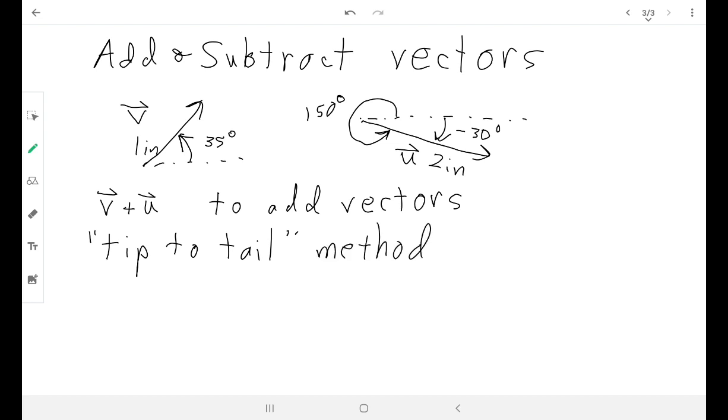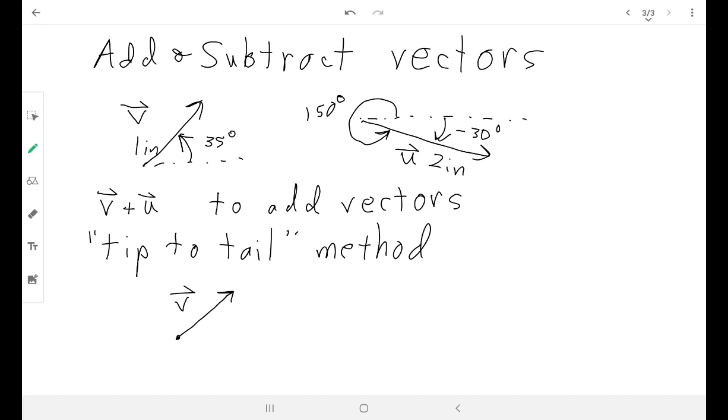Okay. The tip to tail method just says draw your first vector, and I do mean first vector in order, so there's vector v, and then draw your second vector and put its tip on the other one's tail. Tip is the beginning, tail is the end, or maybe vice versa. I might be getting that mixed up.